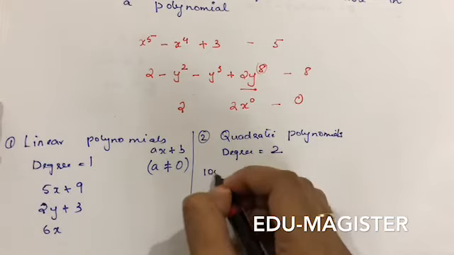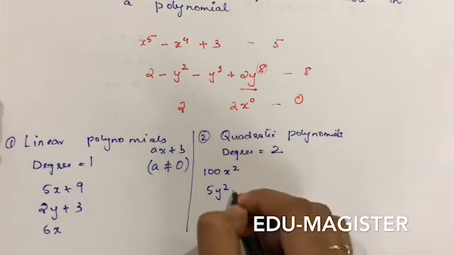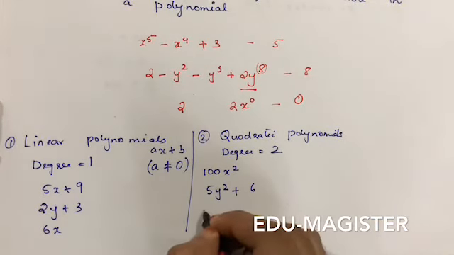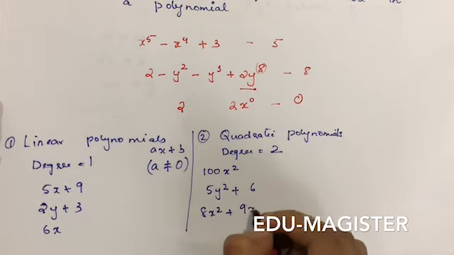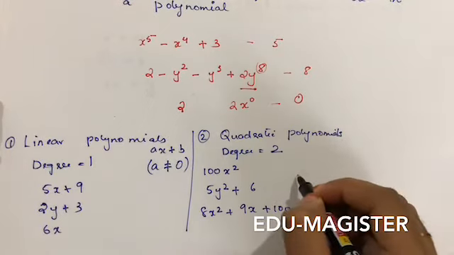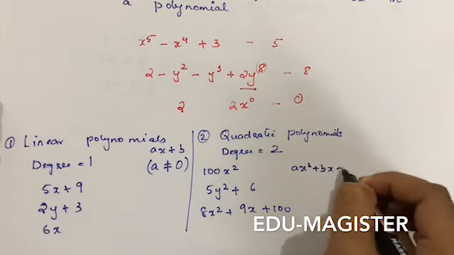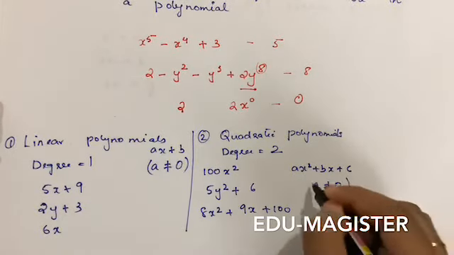For example, 100x square, 5y square plus 6, 8x square plus 9x plus 100, etc. are examples of quadratic polynomials, right? So quadratic polynomials will always be of the type ax square plus bx plus c, where a is not equal to 0.